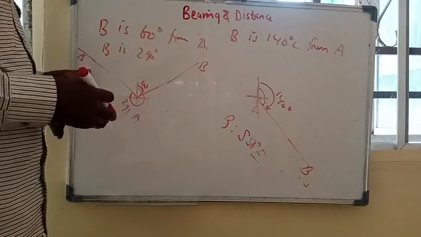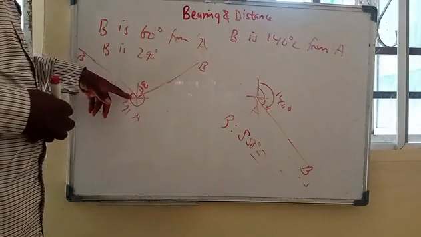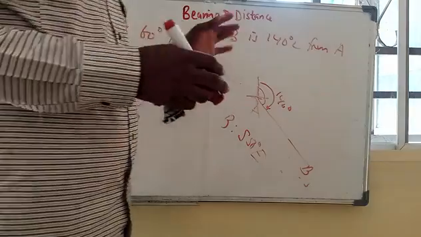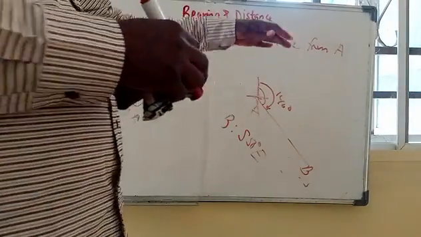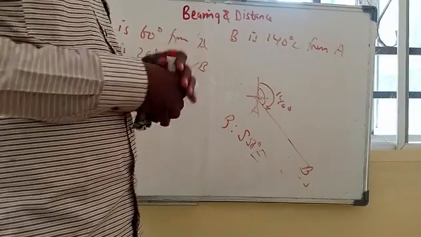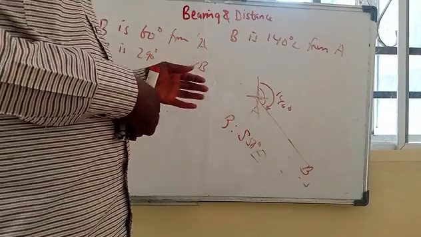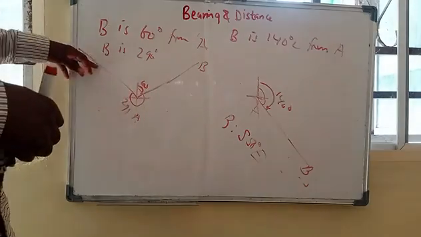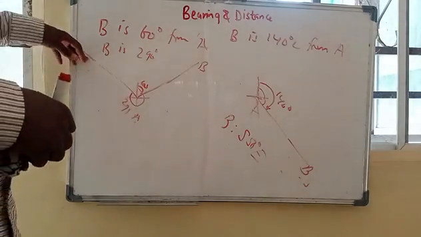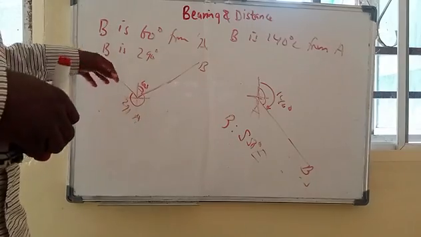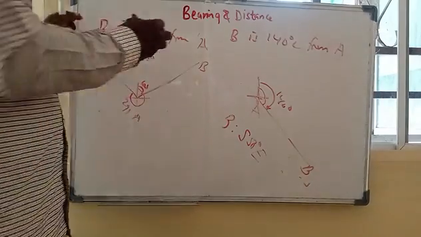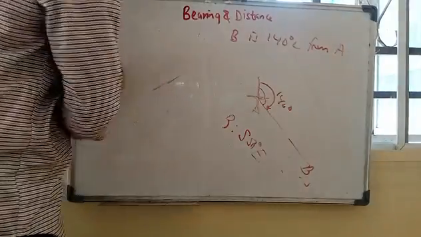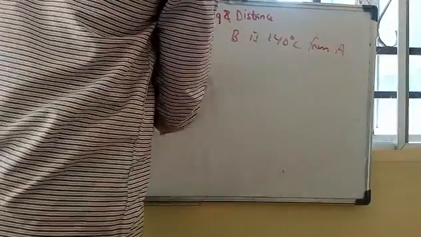It's a northwestern location. So this is how we draw bearing. This is how we locate points based on their bearing from a reference point. The distance, if specified, represents the length of the line joining the 2 points. So it is as simple as that.